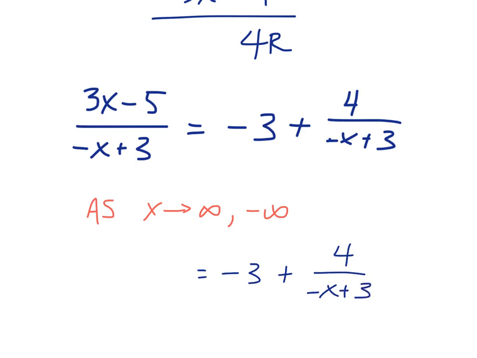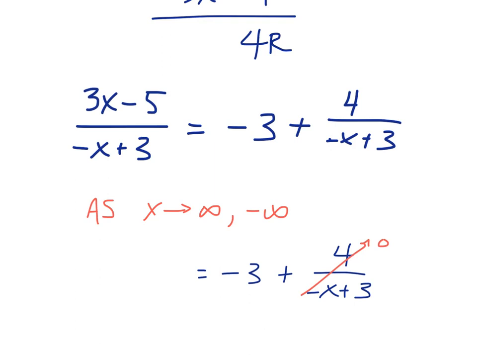And look what happens again to this remainder term on the right. x is going to get very large if we plug in a very large number, which means this expression is essentially going to go to 0. It's going to disappear. What are we left with as x approaches infinity? We're left with negative 3.